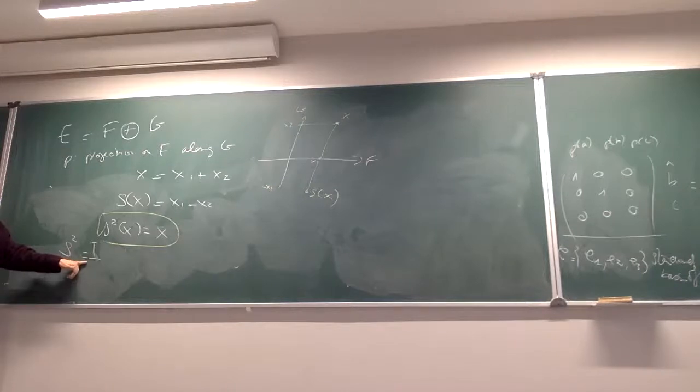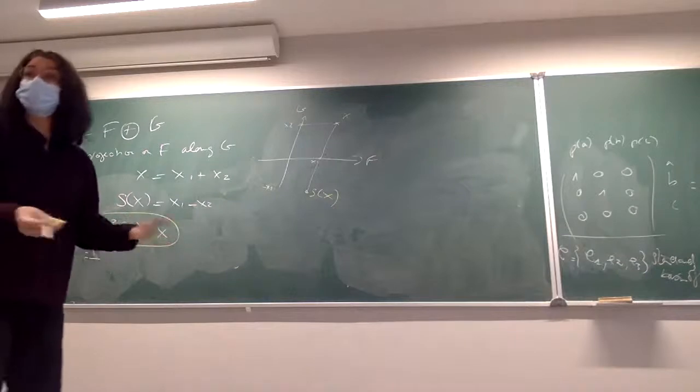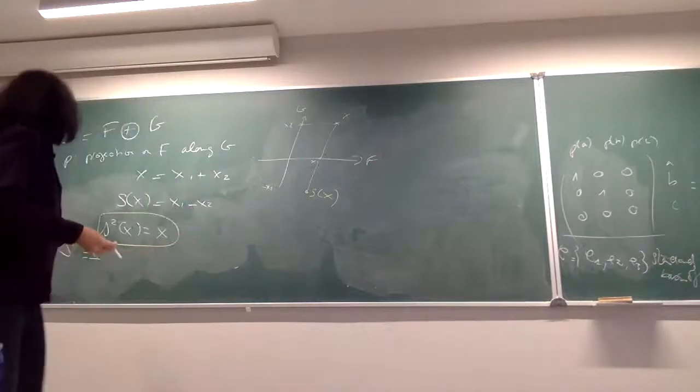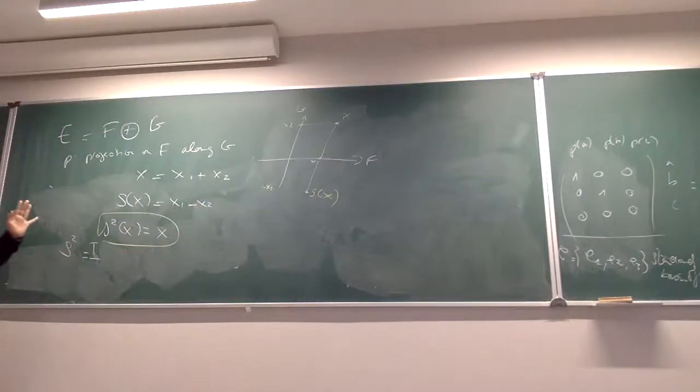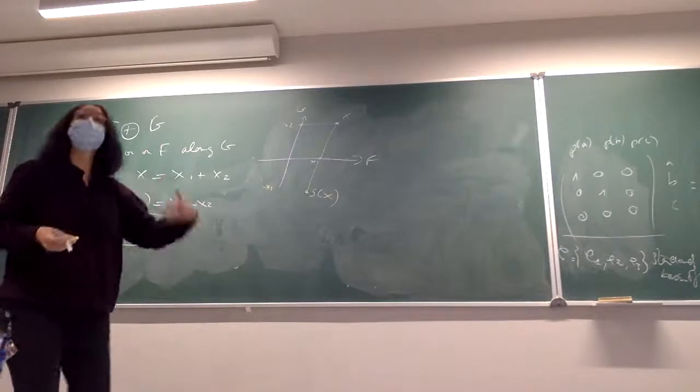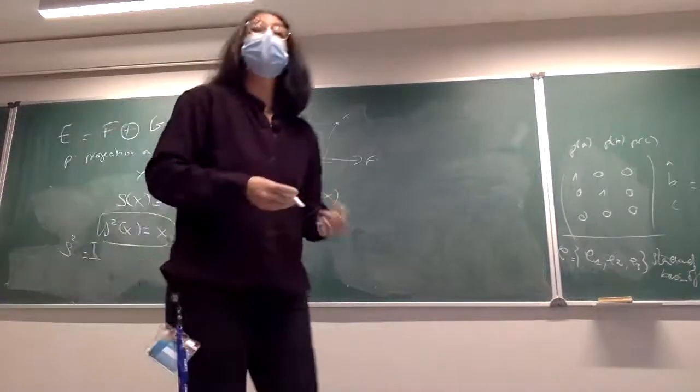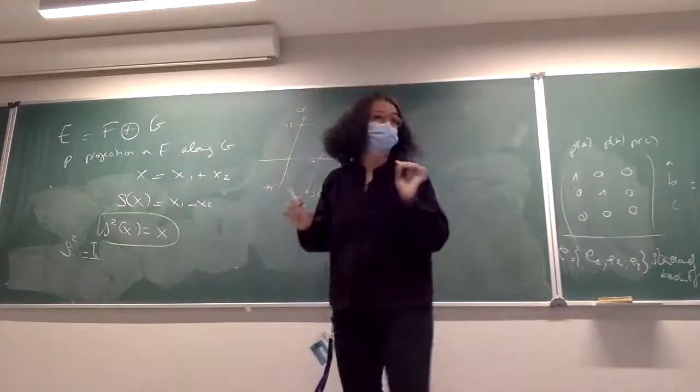So one way to check whether you've got the matrix of a symmetry is to square it, and if you've got identity, it means you have a symmetry. If you have a symmetry, then you know you can look for its corresponding spaces F and G.